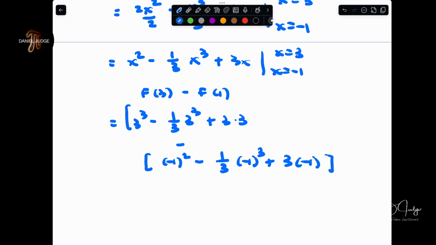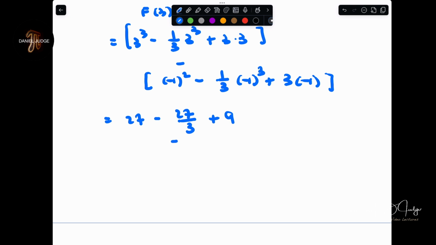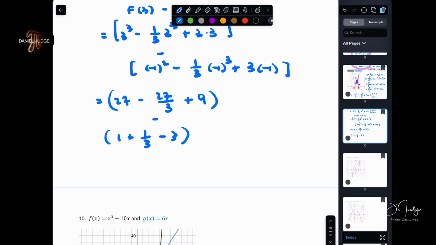So there we go, let's do this arithmetic. We get 27 minus 27 over 3 plus 9, minus -1 squared, which is +1. Minus 1/3 times another -1 is a +1/3, minus 3. Let's get out some more paper.